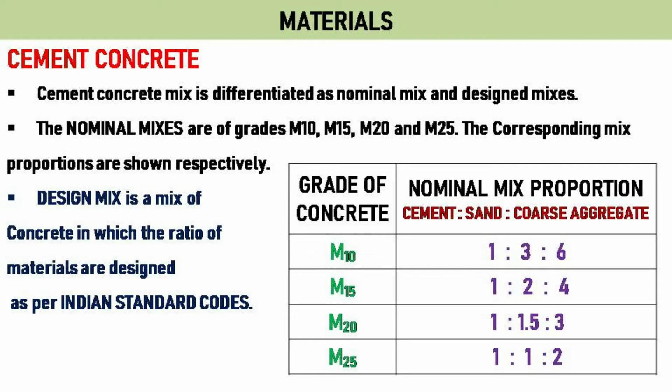Similarly, for M25 grade of concrete the nominal ratio is 1:1:2. That is 1 part of cement, 1 part of sand and 2 parts of coarse aggregate are mixed to get this grade of concrete. Design mix is a mix of cement concrete in which the ratio of materials are designed as per Indian standard codes, to achieve required strength. Next, we will see the concepts used in the design.